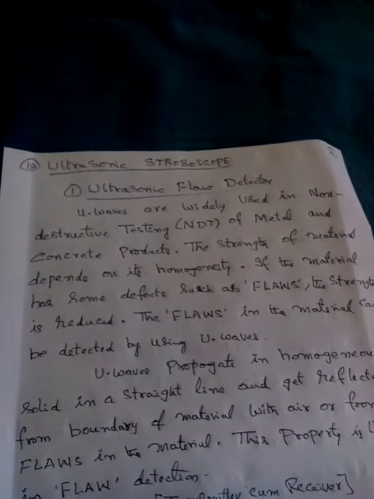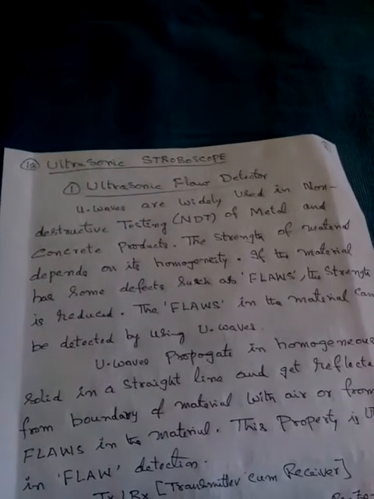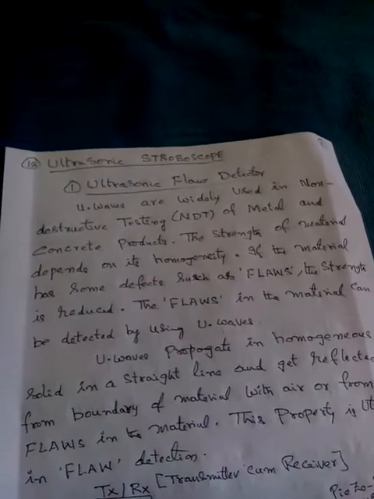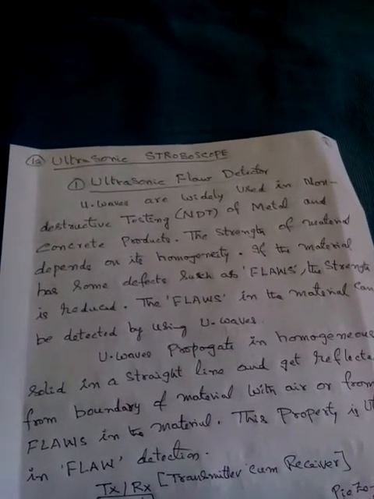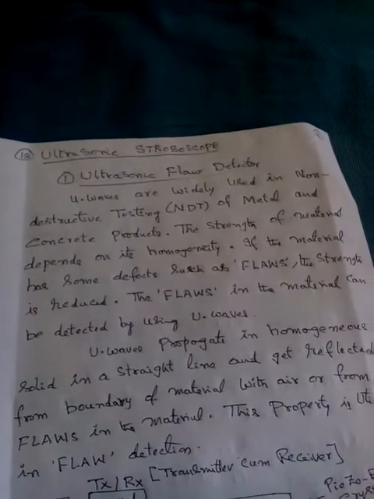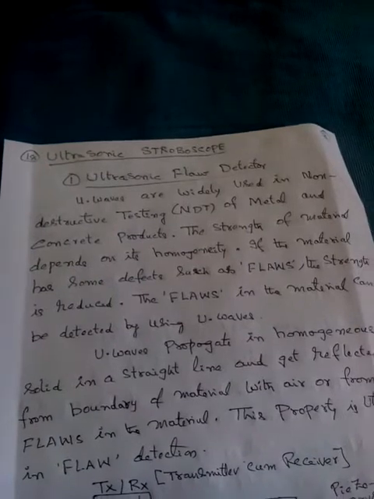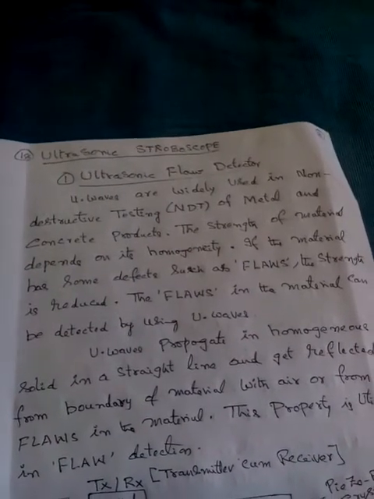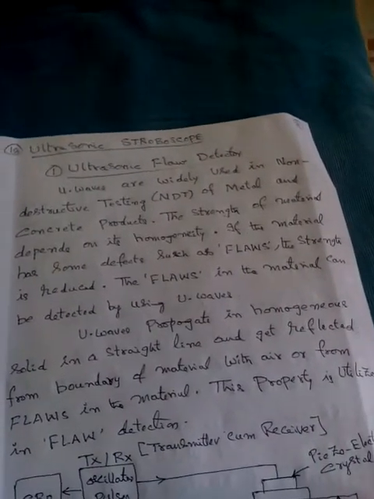If there is no defect, it goes up to the end and is reflected from the bottom. If there is a defect, it is reflected from the defect point. So we can find out where the defect is, its depth. This property is utilized in flaw detection.